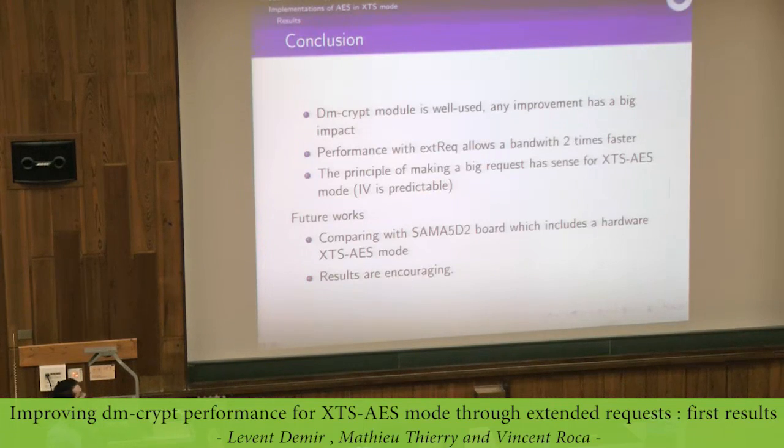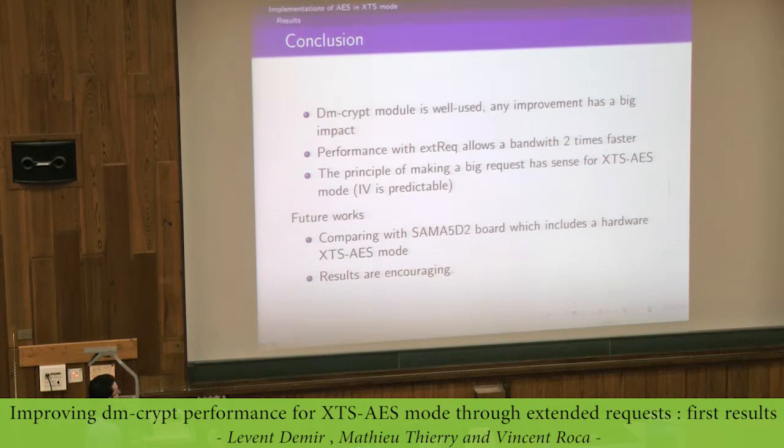So I have finished this. The conclusion: the encryption module, as I have said, is very used, and any improvement has a big impact. So XTRAC allows us to have a bandwidth 2 times faster. However, we cannot apply this solution to all AES modes.